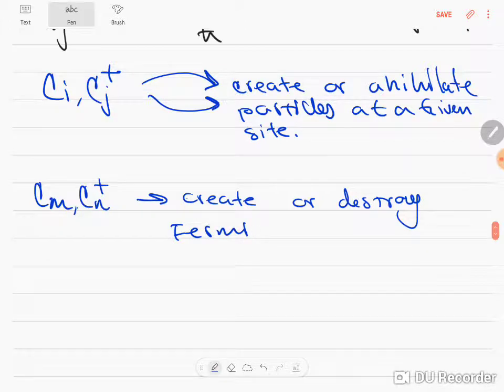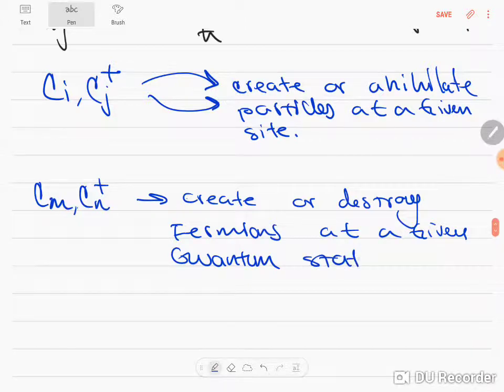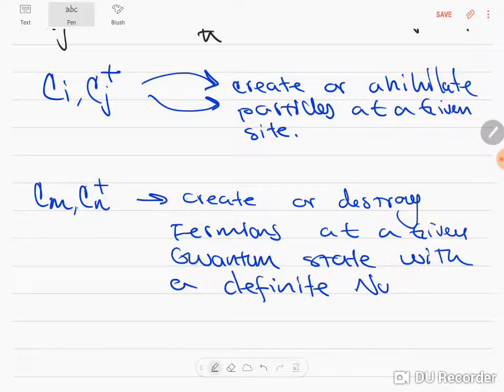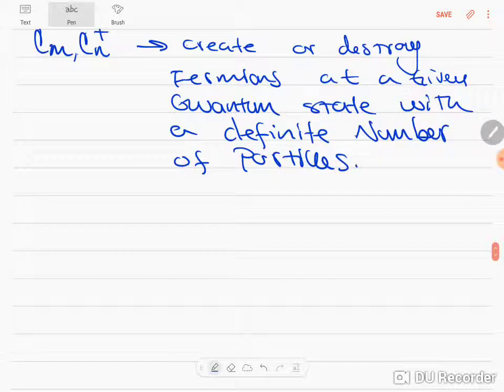Of course, we're talking about fermions at a given quantum state with a definite number of particles. Definite number of particles, that's what is important. Then we write the Green's function in what we call the particle number basis. That's what this basis is called.